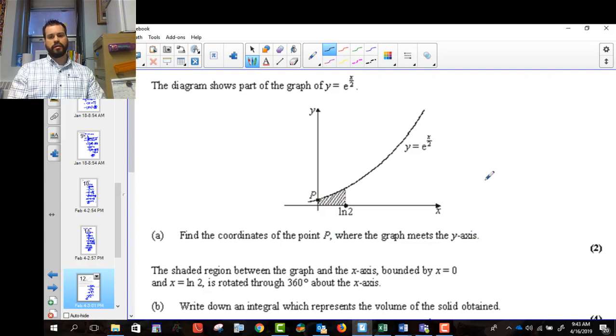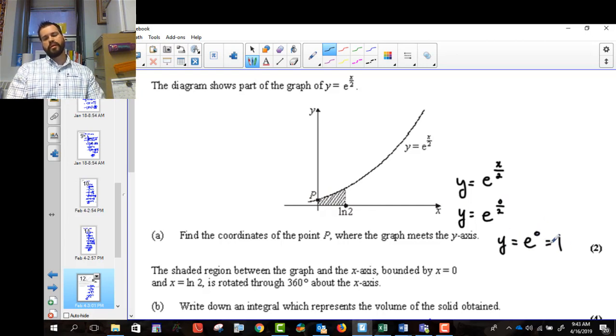So we're going to say, if it meets the y-axis, then e to the x over 2 is our function, and x becomes 0, because the y-axis is where x is 0. So we get y is equal to e to the 0, which is 1. So the point P is 0 and 1.